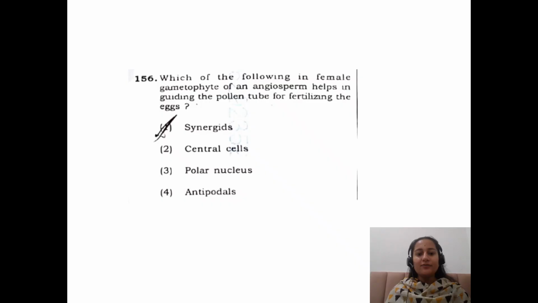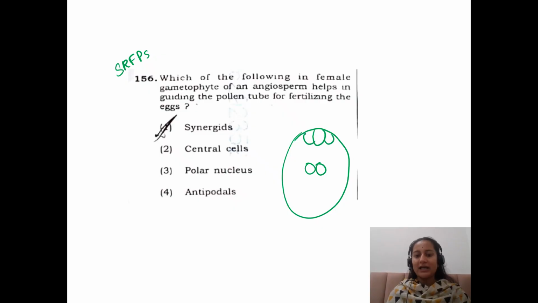Which of the following in the female gametophyte of an angiosperm helps in guiding the pollen tube for fertilizing the egg? This is also from sexual reproduction in flowering plants. If you observe the structure, we have the central cell, three antipodals, synergids, and one egg cell. This is the egg cell, and it has the filiform apparatus.